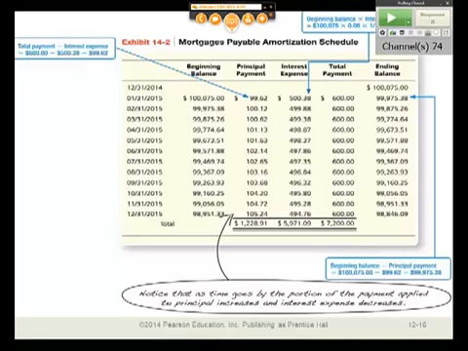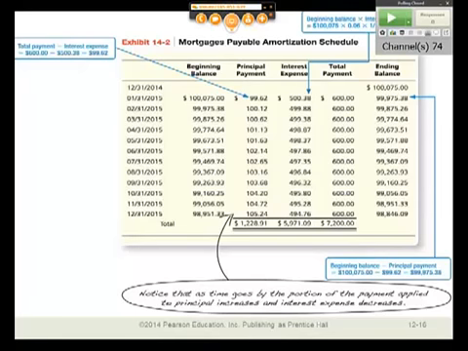So if you take 6% of the opening balance, you get $500.38. The difference between your total payment and your interest is the principal pay down. And the balance after the payment of $99.62 is shown as the ending balance.